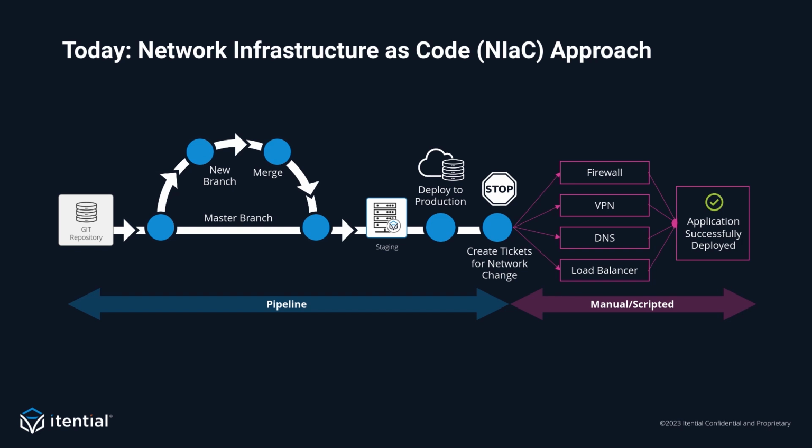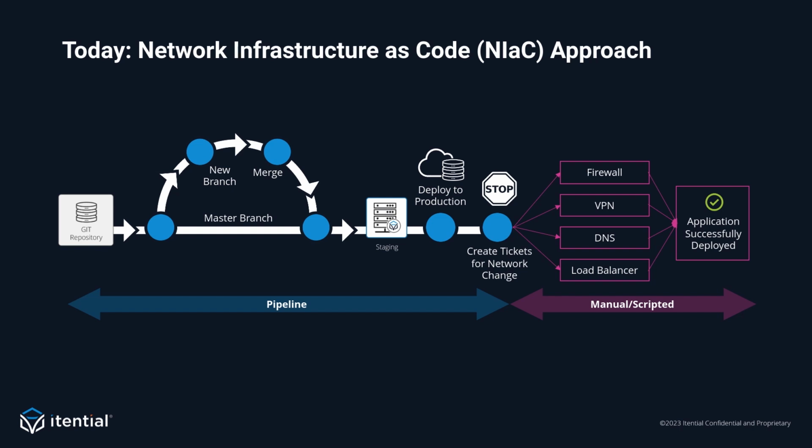But before the end users can actually access the application, there's some set of network services that need to get provisioned. In some environments, once the application is deployed, tickets get generated to create firewall rules or to create VPNs or to add DNS records or to add the new systems to the load balancer.